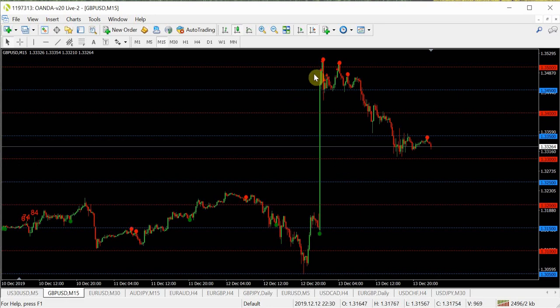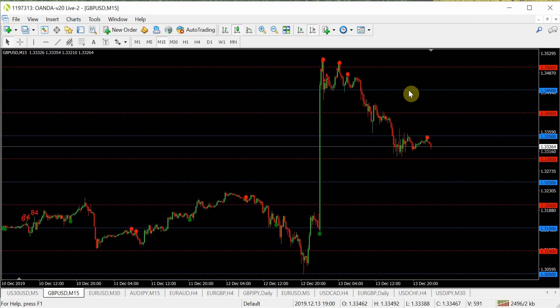The first one is the down arrows. The down arrows are the RSI MTF indicator. What this is basically showing is that on the 15-minute chart and on the 30-minute chart, the RSI was overbought, and therefore indicating that the pair is due a reversal or is stretched very far out of its previous price parameters.